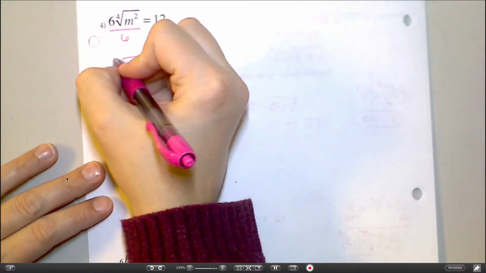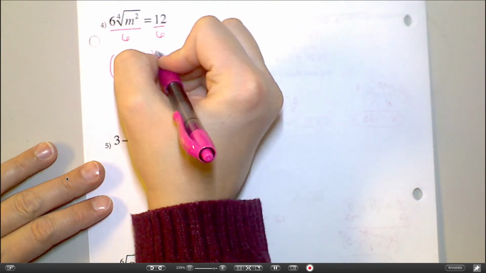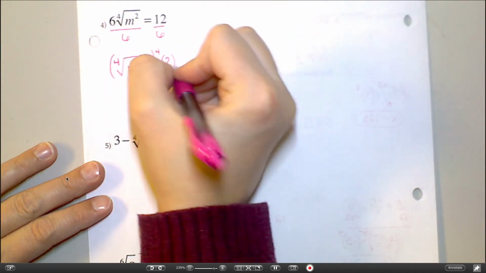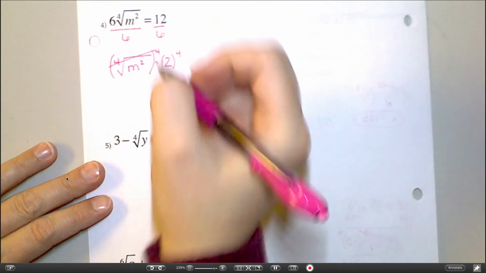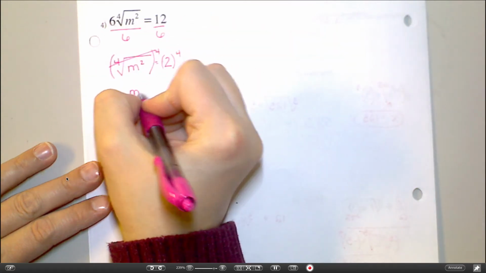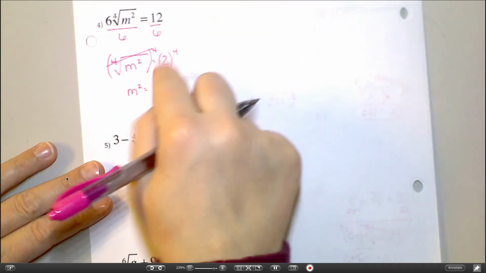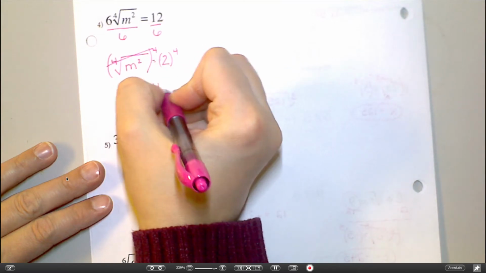I wouldn't get rid of that 2 yet because that's underneath the radical. I can't really get to that until I get rid of that radical. How do I get rid of the radical? Raise to the 4th power. Good. So I end up with m squared equals 2 to the 4th power, which is 16.